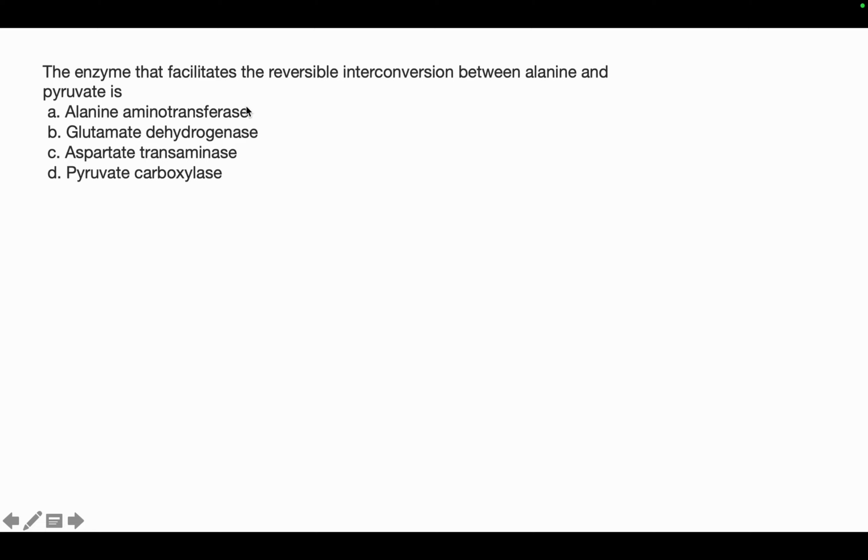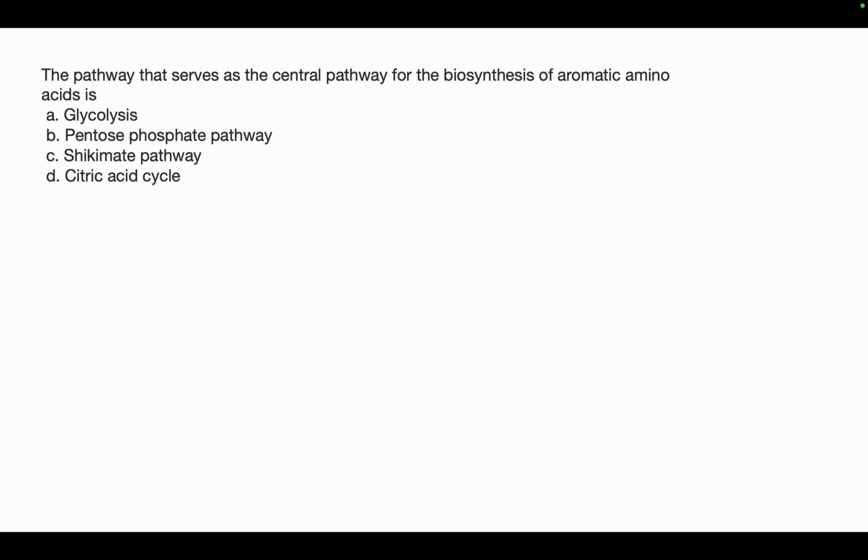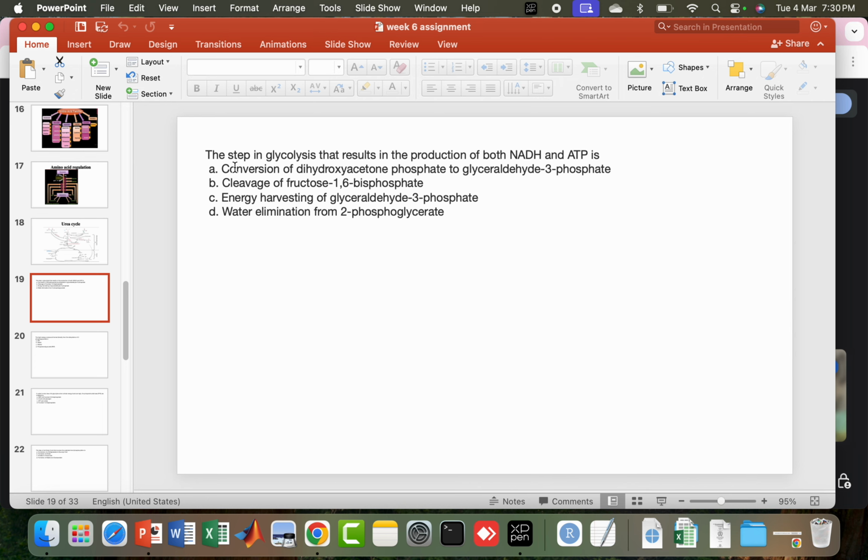This enzyme will convert pyruvate to alanine, a reversible interconversion. The pathway that serves as the central pathway for biosynthesis of amino acids is the shikimate pathway. So this is it.